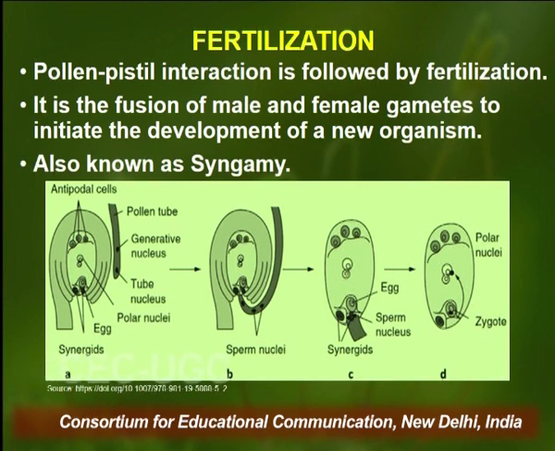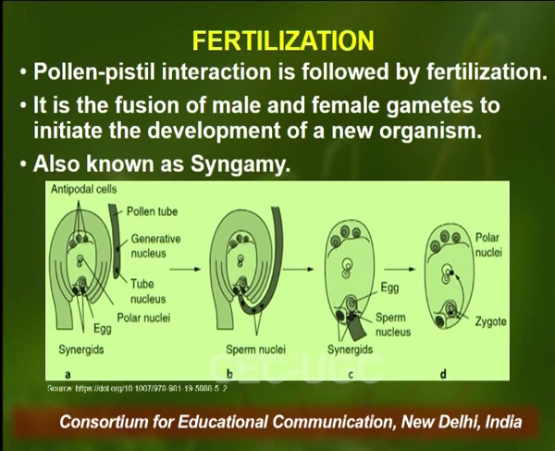Now, what is fertilization? You would have studied about fertilization, wherein we say that it is the fusion of the male and female gametes to initiate the development of a new organism. Okay. Now, here in case of plants, this process is known as syngamy, right.